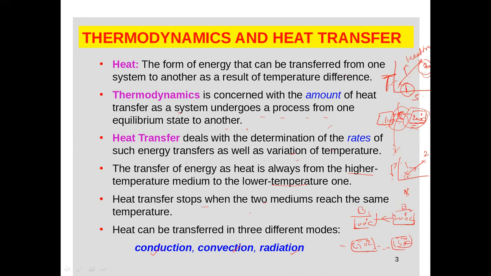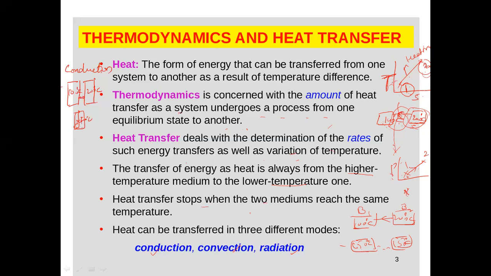Conduction means, if you take two solid bodies at two different temperatures, 100 degrees centigrade and 200 degrees centigrade, and you take them into direct contact with each other, heat is transferred from 200 degrees centigrade to 100 degrees centigrade.